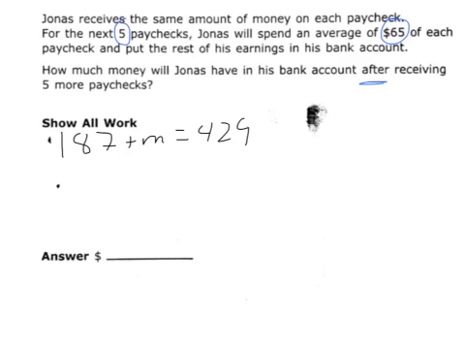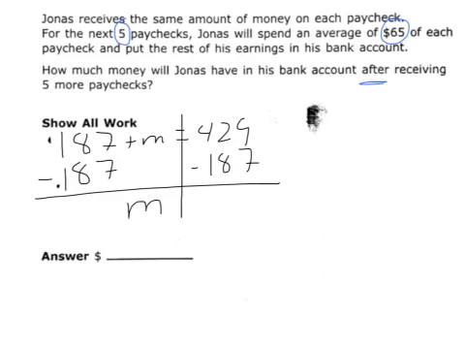Well, this is a simple one-step equation. 187 plus M equals 429. We have 187 plus M, so we need to subtract 187 from both sides. Since we did it on the left, we do it on the right, minus 187. And this is going to get us M equals 242. Now, 242 is not our answer. 242 is the amount of money that he gets for each paycheck, $242.